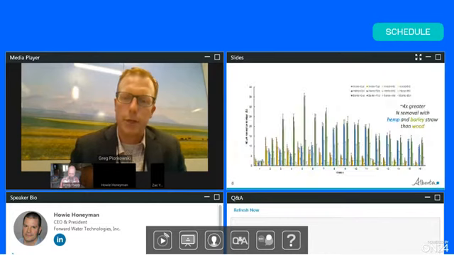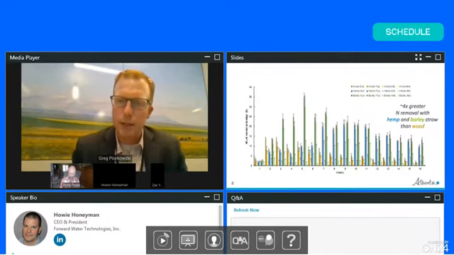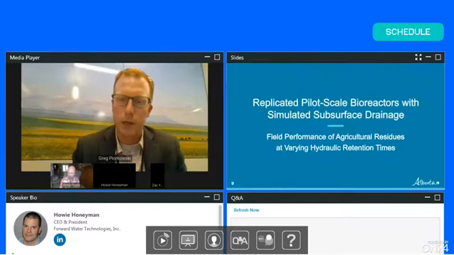And then we compared that to wood shavings. In that study, excuse this diagram, it's busy, but the take-home message here is that the agricultural residues, the hemp and barley, removed about 4 times more nitrogen than the wood did. So we're confirming that agricultural residues do have a really good performance with respect to nitrate removal.